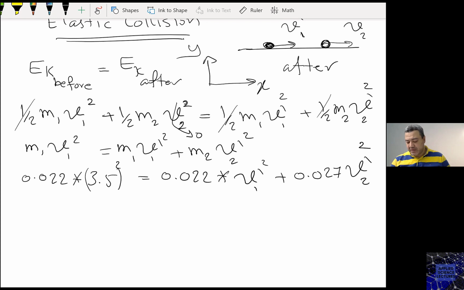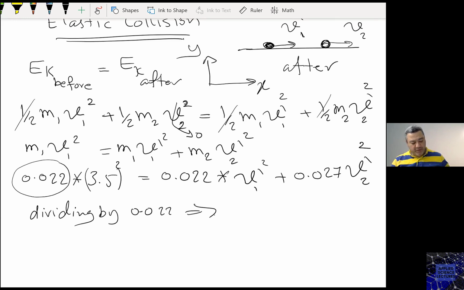Now I need to keep my equation simple. In this case, let me get rid of the 0.022 by dividing the whole equation by 0.022. Dividing by 0.022 gives me the following.